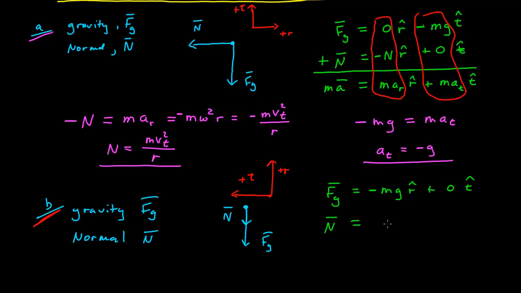The normal force has the entirety of its magnitude along the radial axis, and from the free body diagram it is also negative, and nothing along the tangential axis.